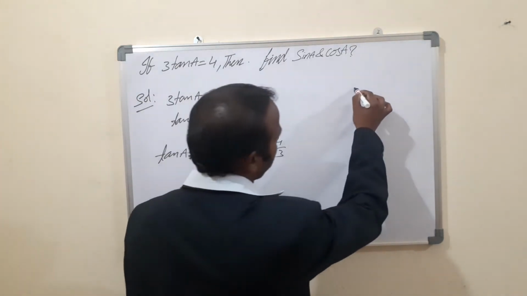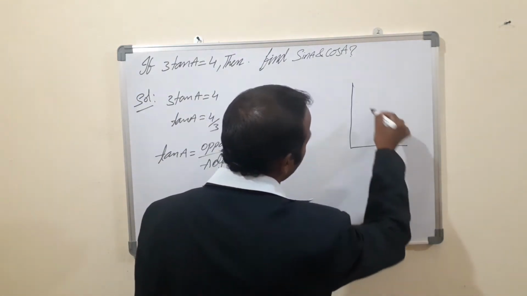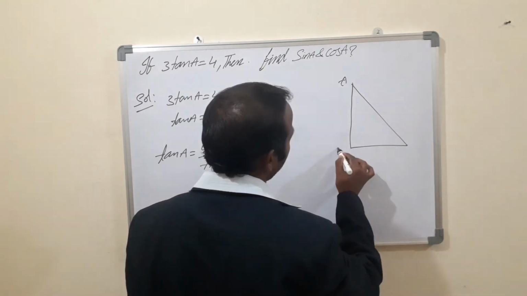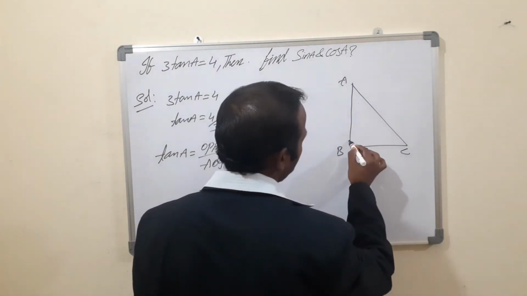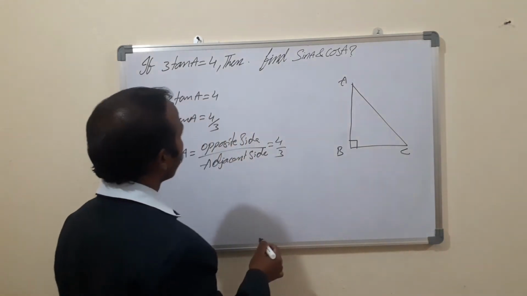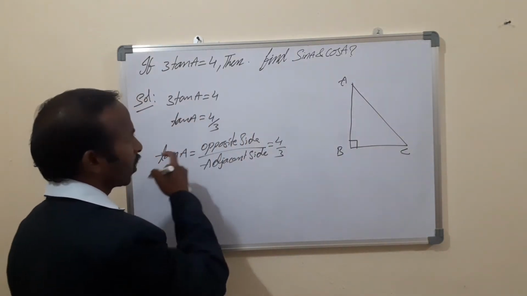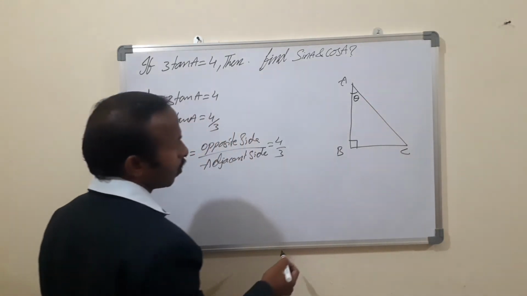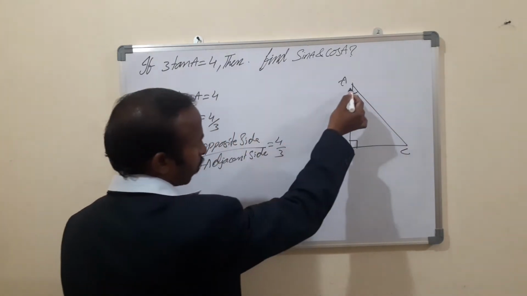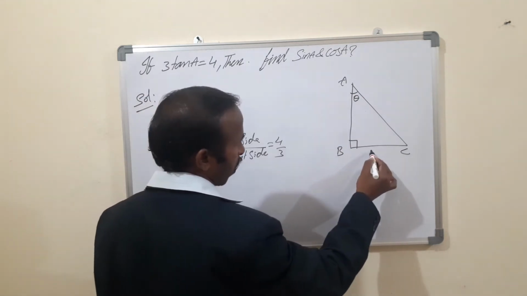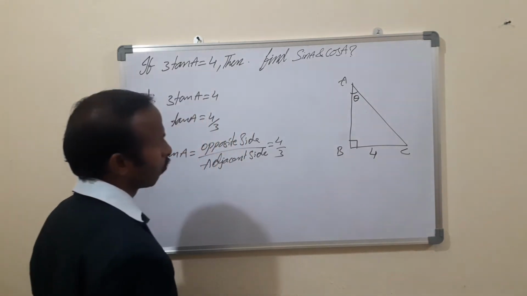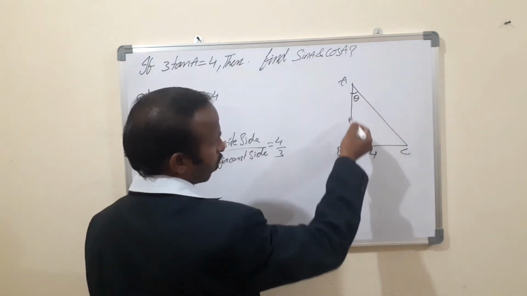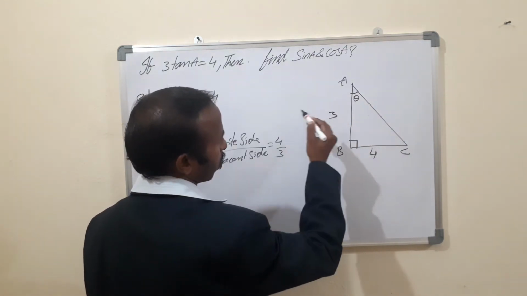Now consider a right angle triangle A, B, C. Now tan A indicates that theta we have to consider at A. So opposite for theta, what is opposite? That is BC. That is how much? 4 from the question. Adjacent side to the theta, what is adjacent? That is AB. That is 3 units.